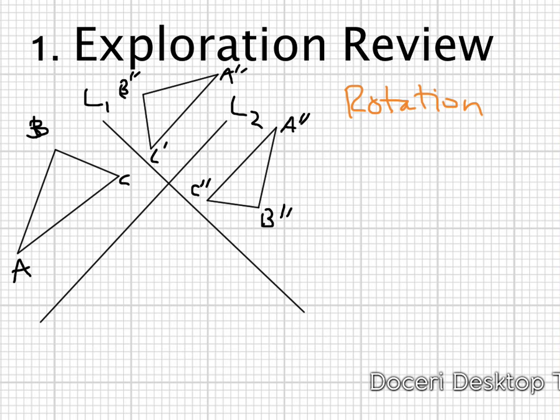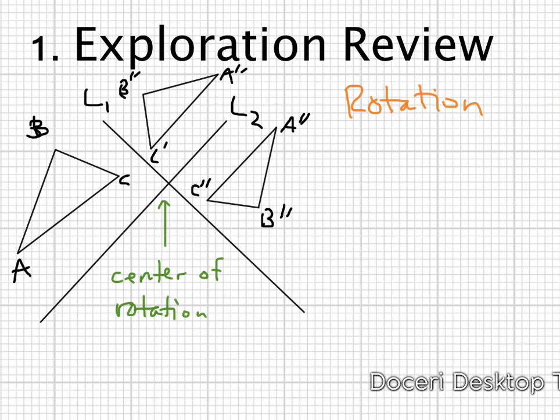Now we've rotated around this point, which we call the center of rotation. So that's basically rotation. We have a center of rotation. Again, the pre-image and the image, or even the double image, will be the same.